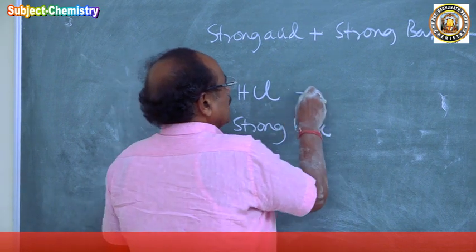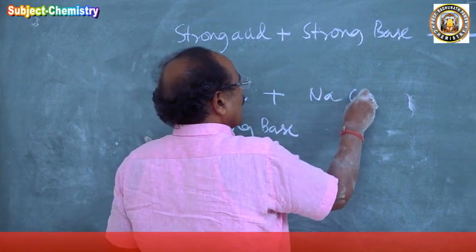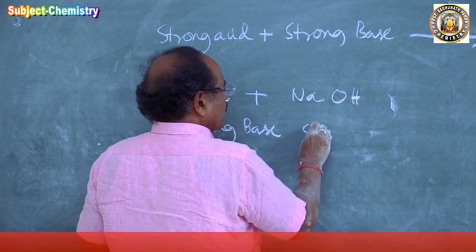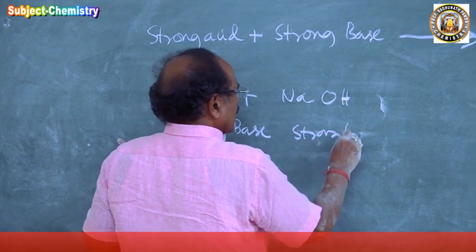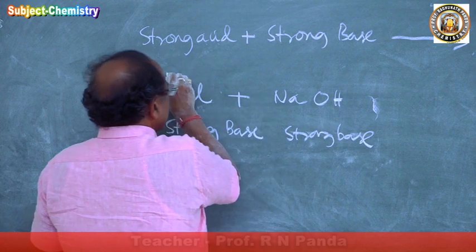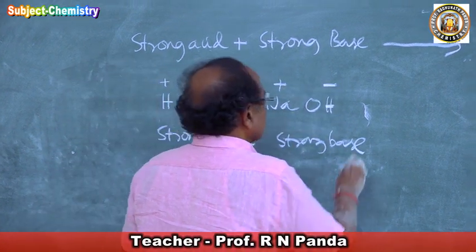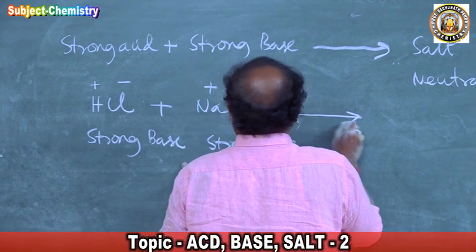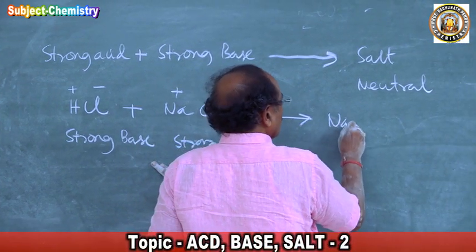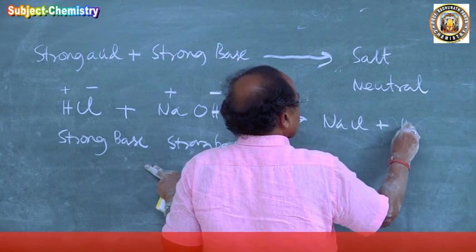So HCl, and the base is sodium hydroxide, a strong base. Now it is H plus, Cl minus, Na plus, OH minus. They will react to form sodium chloride and water.